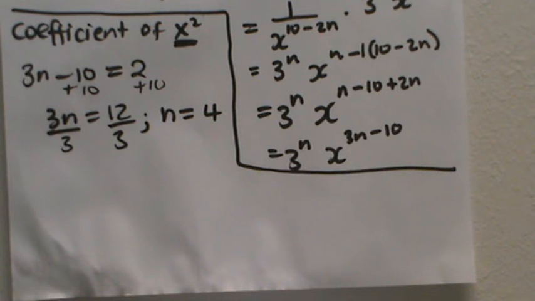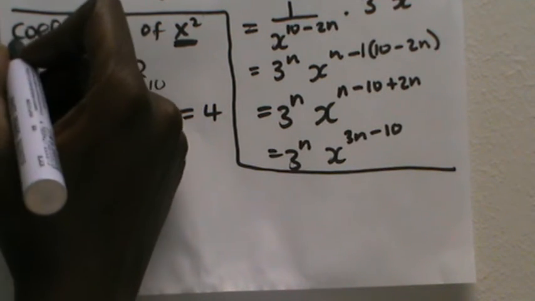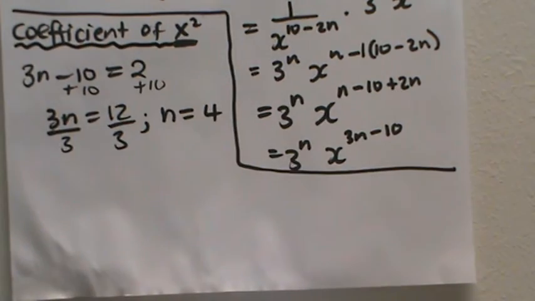Now you need to remember the question. The question said, what is the coefficient of x squared? So what I need to do is go back to my formula for the nth term in the binomial expansion, and then substitute n and then work out what the coefficient is.